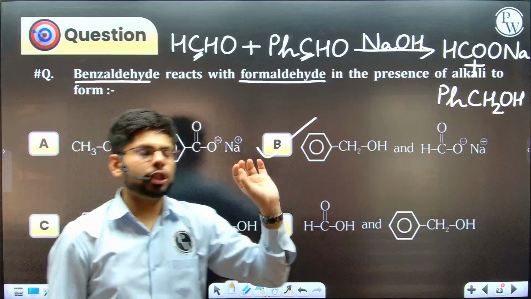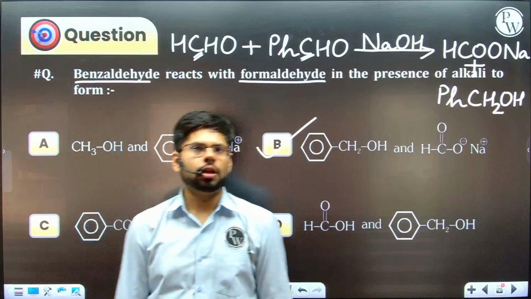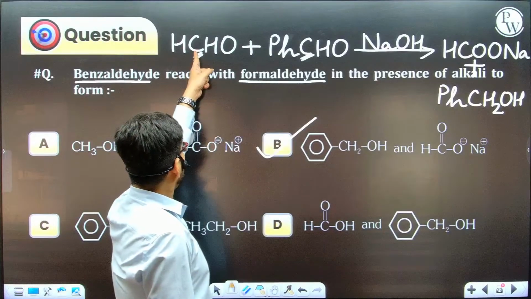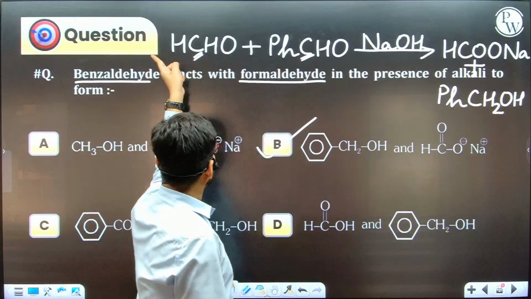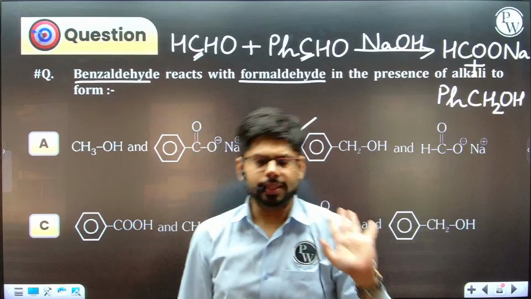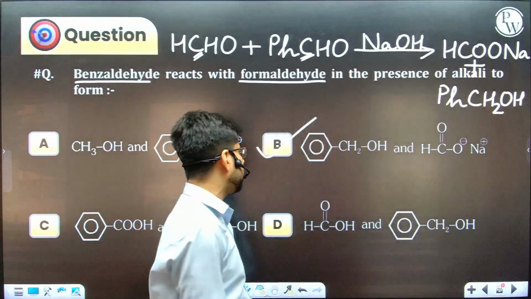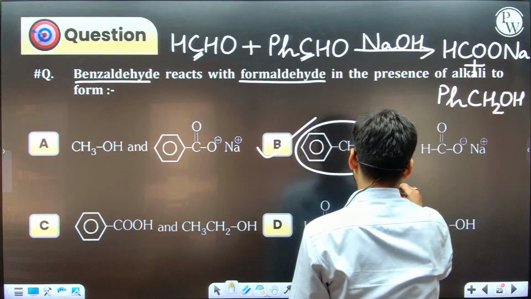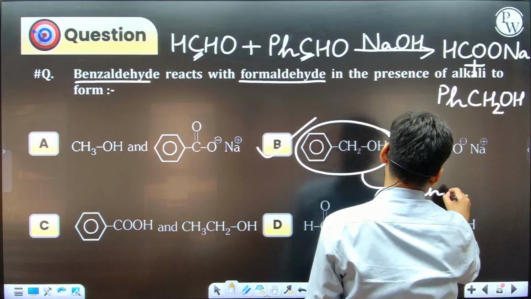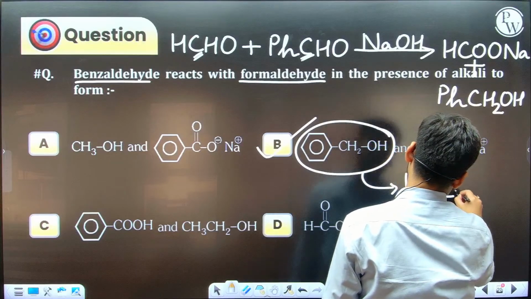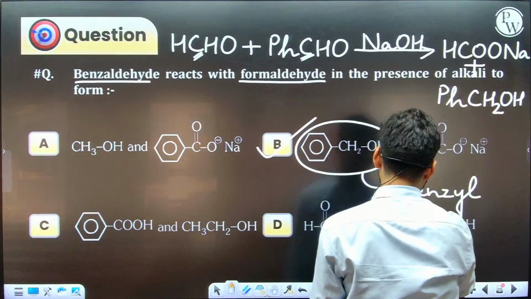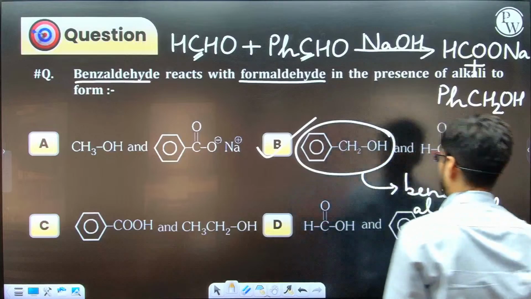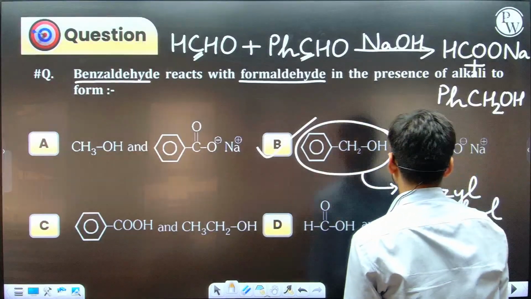To decide the major products of cross Cannizzaro reaction, you need to consider electrophilicity of carbonyl carbon. This carbon is more electrophilic than this carbon, hence this aldehyde has been converted to sodium salt of carboxylic acid. This is a shortcut. So B option is correct. What is this called? This is called benzyl alcohol.